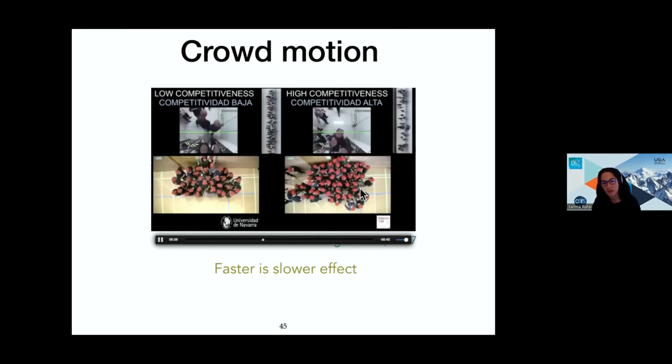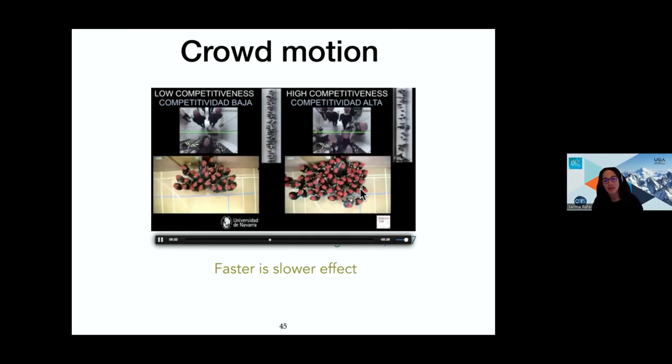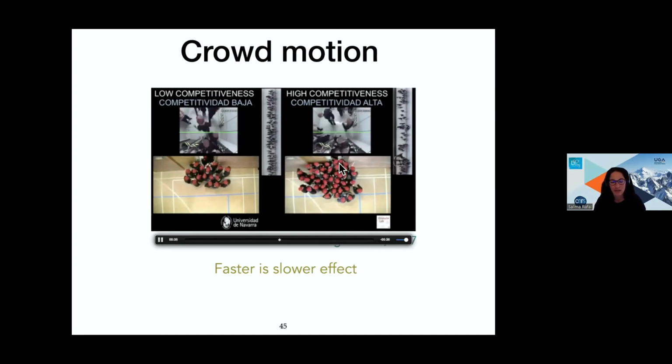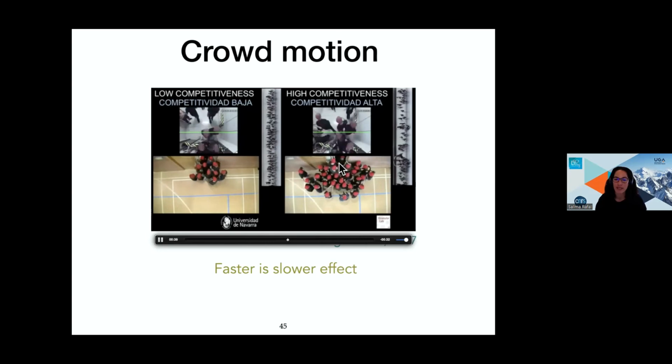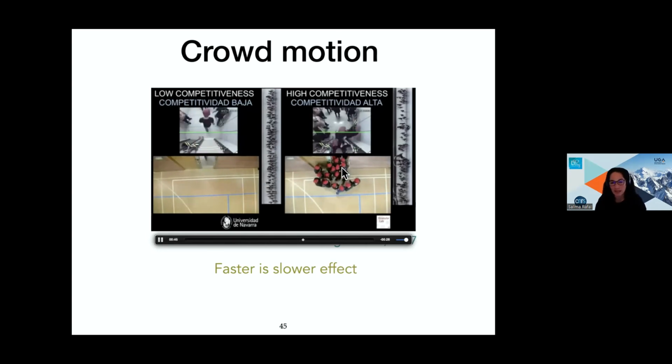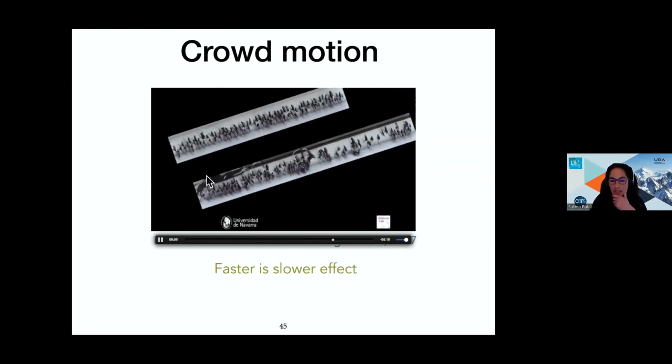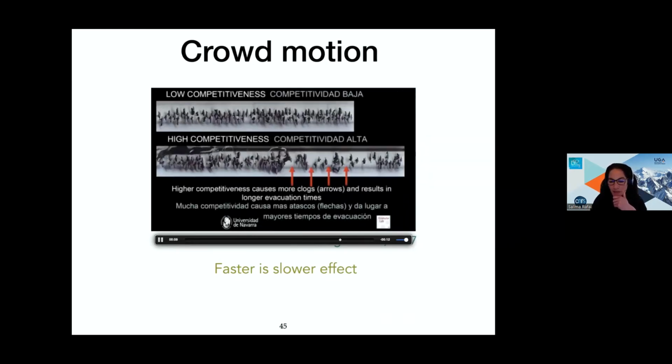You can see that there's some fighting at the door here. The conclusion of this is what is called the faster-is-slower effect. The people who are trying to get outside as fast as possible evacuate the room slowly, whereas the others had already evacuated the room. This kind of paradoxical effect in crowd motion has intrigued quite a community of physicists in particular.